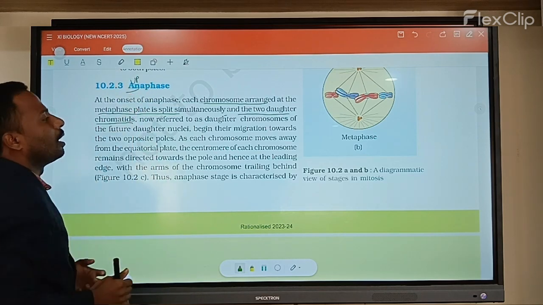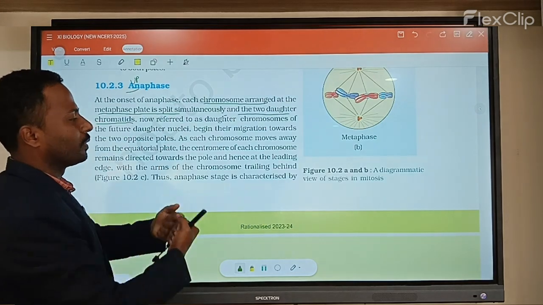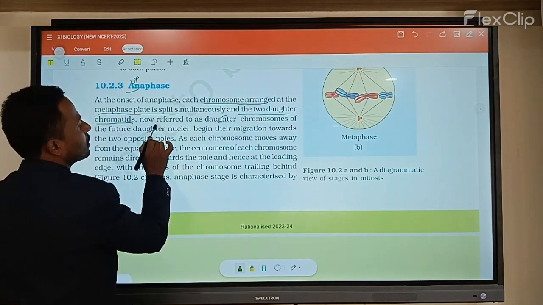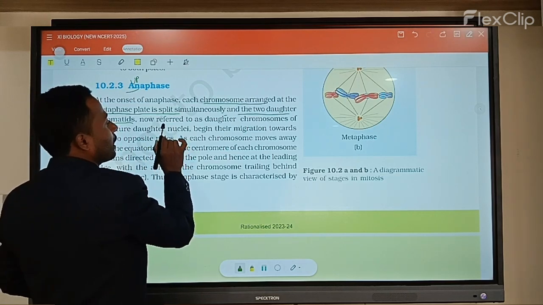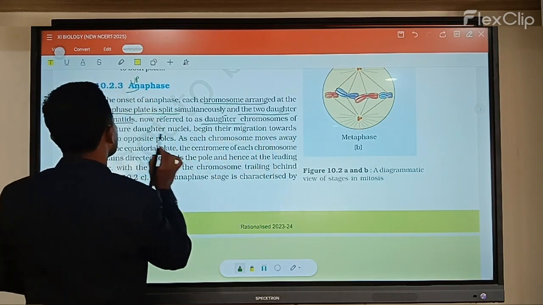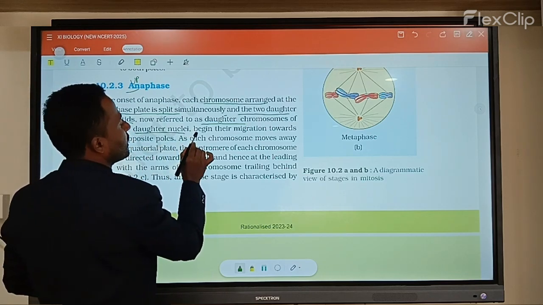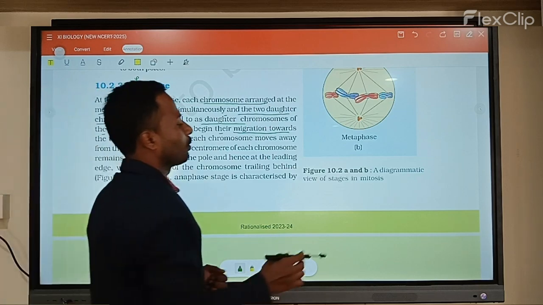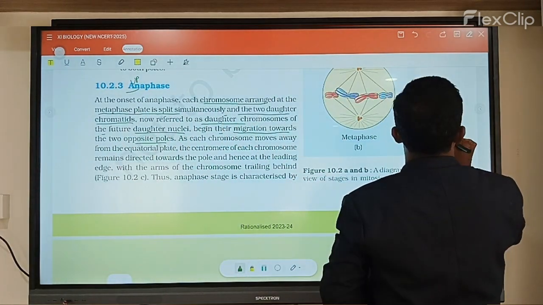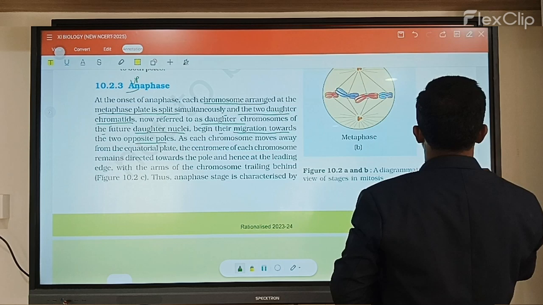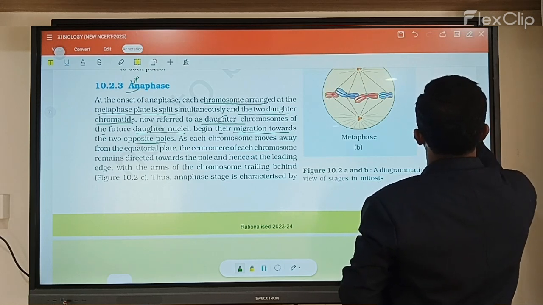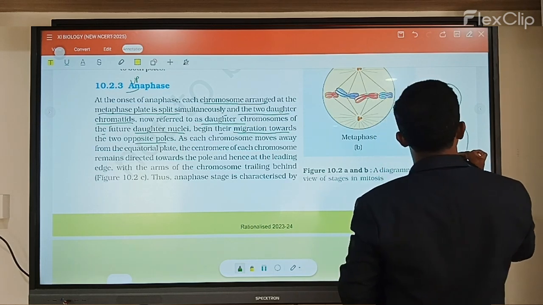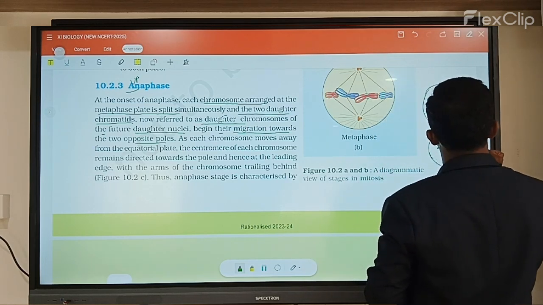When the chromosomes are pulled up, two daughter cells are formed. The chromosomes of the two daughter nuclei begin to migrate to opposite poles. So here two chromosomes form like this.